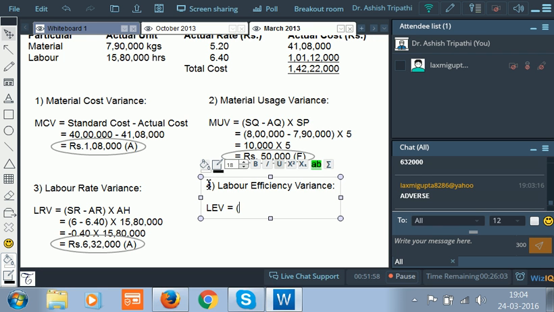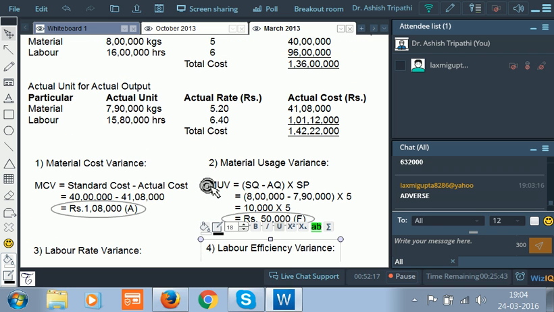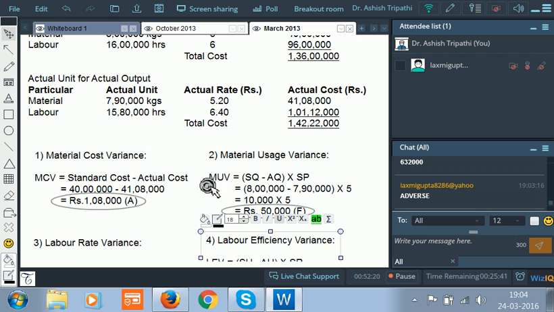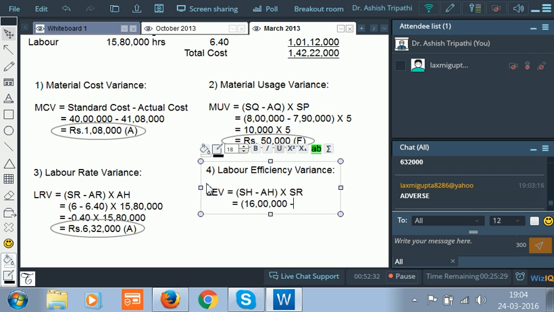Labor efficiency variance is equal to standard hour minus actual hour into standard rate. Put the value. Standard hour kitna? Standard hour 16 lakhs.